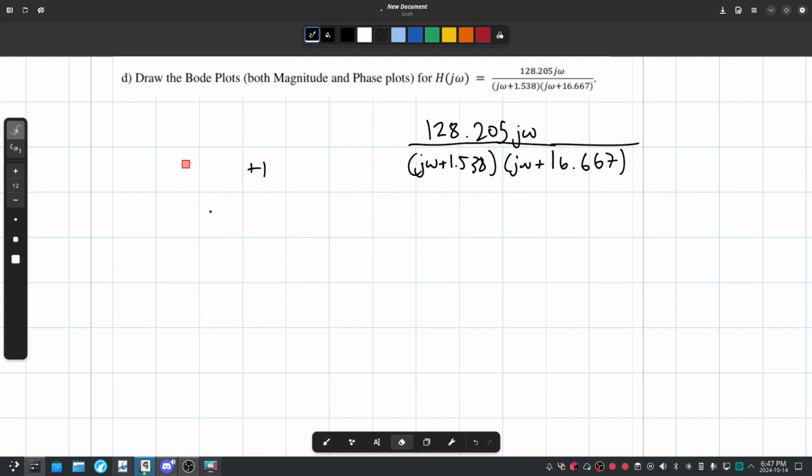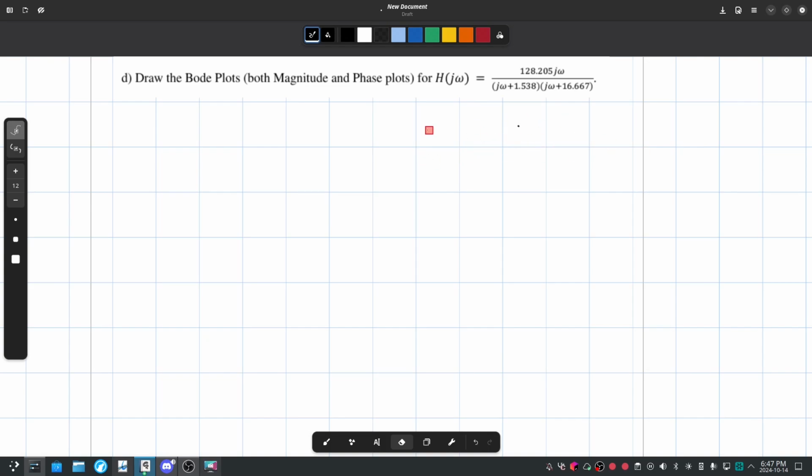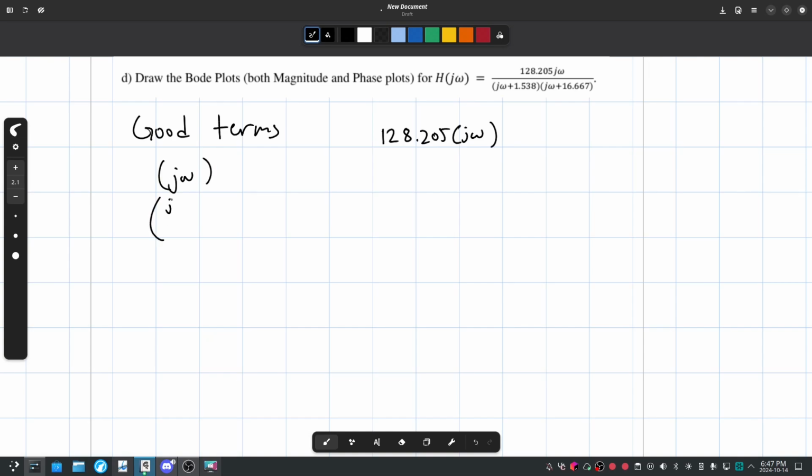Let me just rewrite this. We're also going to bring out this constant in front. So we're going to get 128.205 jω. Let's put that in brackets so we know that this is one of the terms we like, jω or jω over z plus 1.